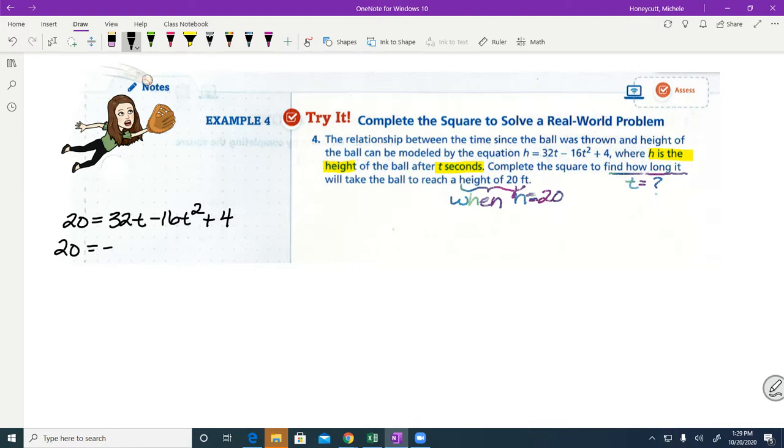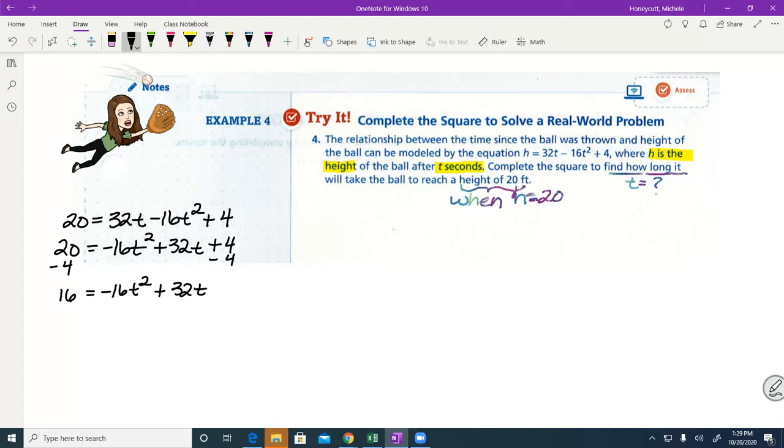So 20 equals negative 16t squared plus 32t plus 4. Okay, it tells me to complete the square, so I'm going to do that. In order to do that, I'm going to subtract the 4 on both sides from the like terms. 20 minus 4 is 16, so 16 equals negative 16t squared plus 32t.